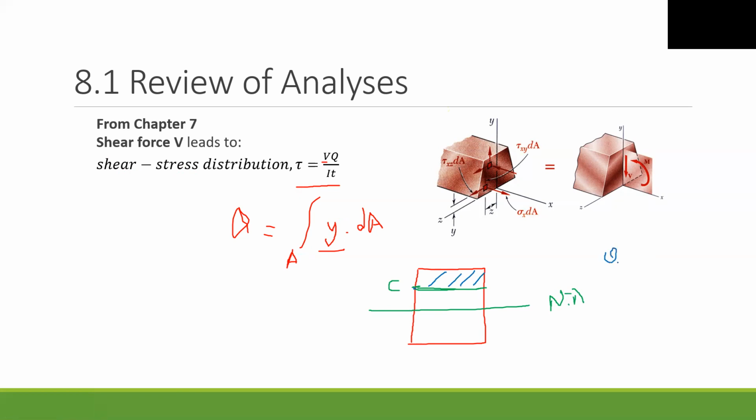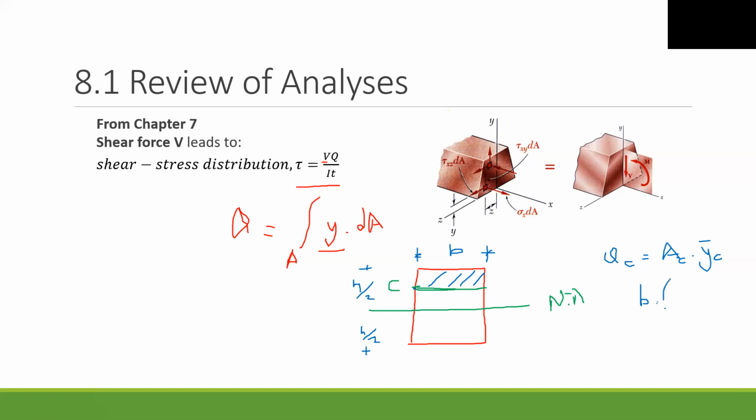Q C is equal to area C times y bar C. What is the area C? You can see area C is equal to b times, okay, this is h over 2 at the middle of the beam.